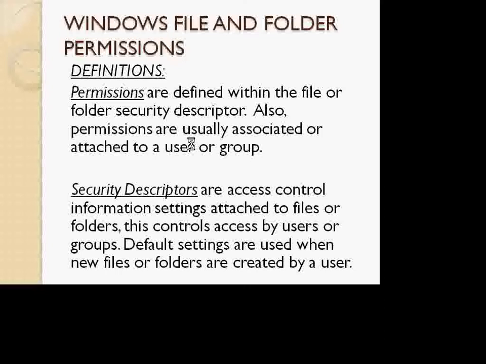Also, each assignment of permissions to a user or group is represented in the system as an access control entry, ACE. The entire set of permission entries in a security descriptor is known as a permission set or access control list, ACL.